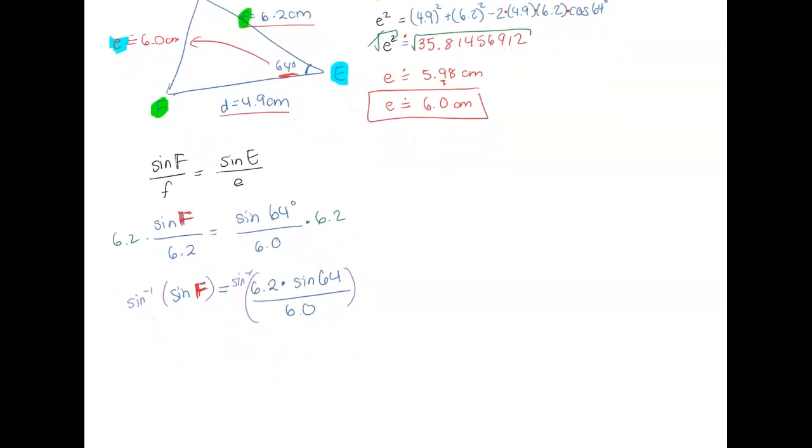So my equation will end up being F equals sine inverse in brackets 6.2 times sine of 64 divided by 6. And then you punch it all into your calculator.